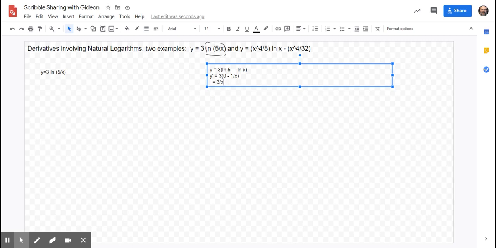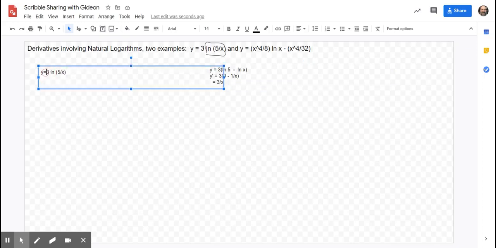Now let's see what happens if we don't simplify the logarithm. It's not mandatory, it just sometimes is easier. So let's go back to the original and do the derivative following the rules of natural logarithm derivatives. Well, it's the same rule.